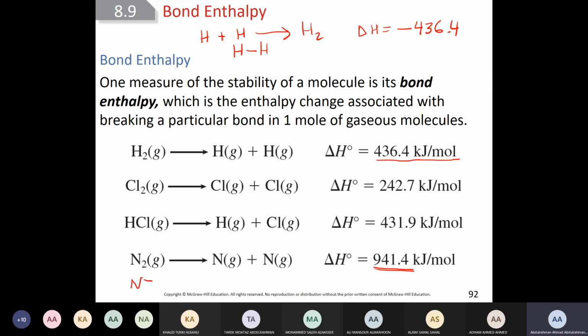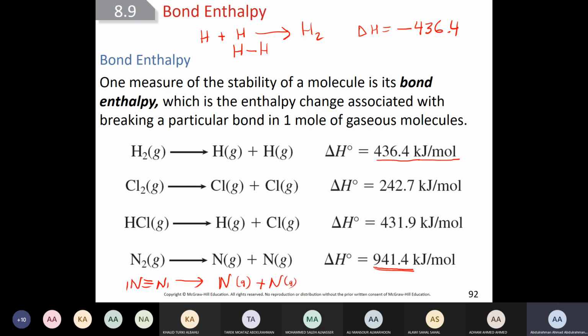Actually, triple. This is the Lewis structure for N2. So this represents what type of bond? Triple bond of N2 gas goes to N plus N gas.